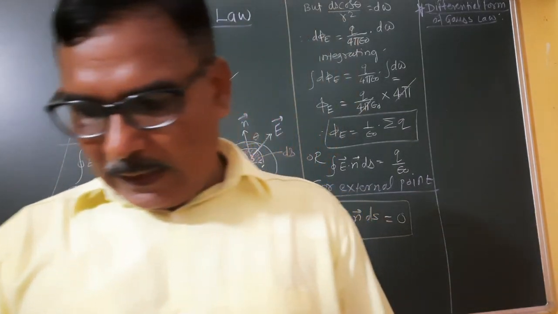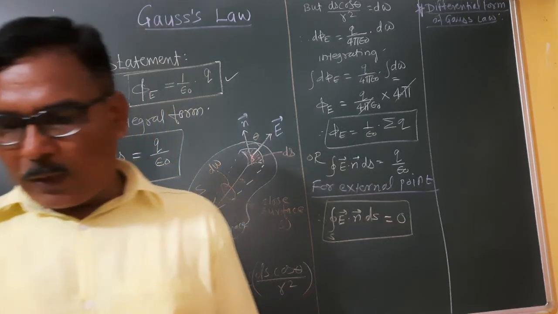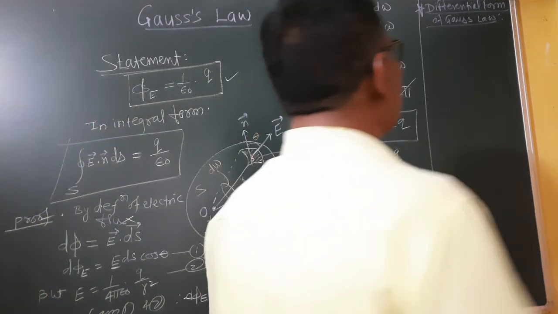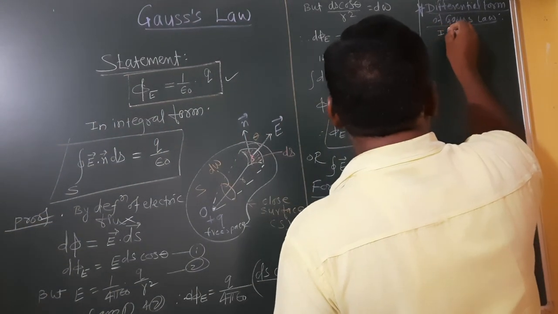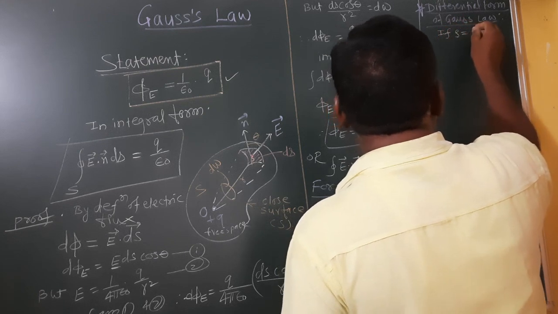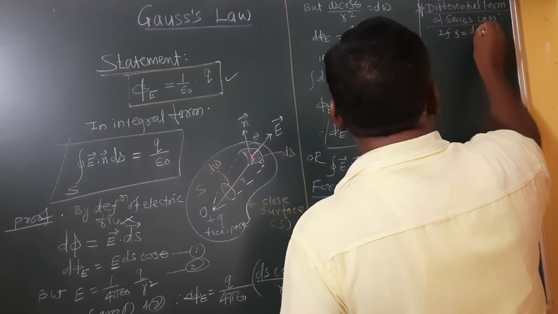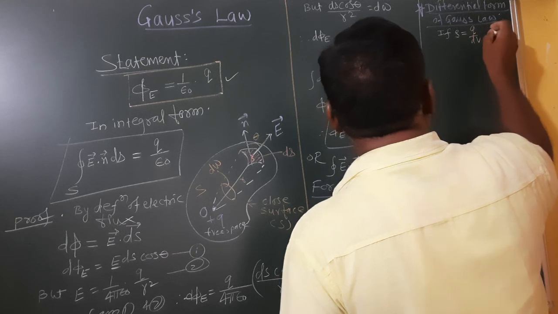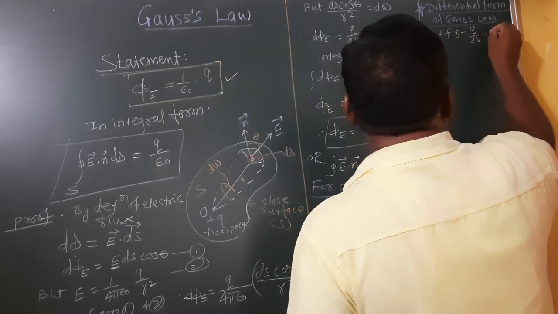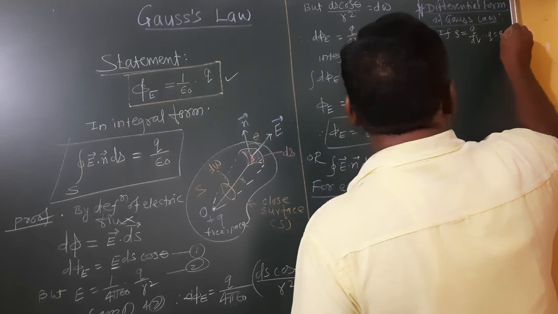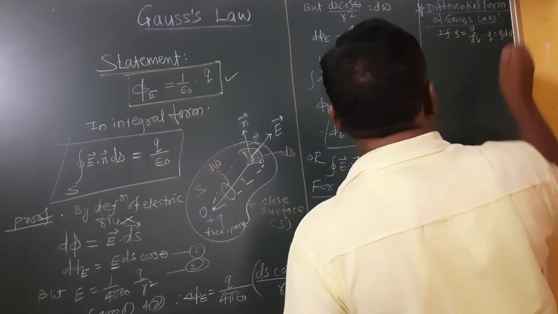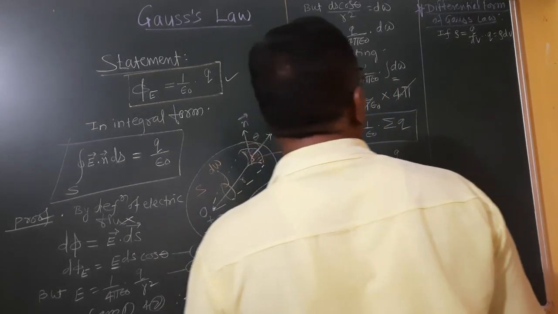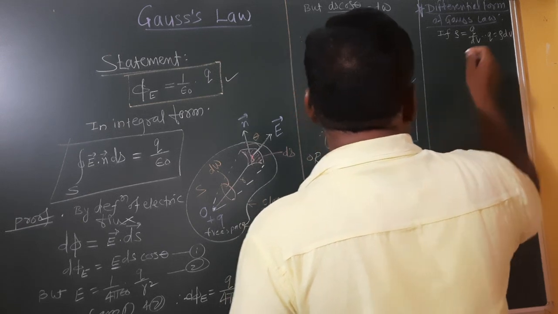We consider that a charge q is uniformly distributed over the entire volume enclosed by the surface S. If rho is the volume charge density, that is charge per unit volume, dq upon dv, so we write that q is equal to rho into dv. This is the volume charge density, and the total charge enclosed in that surface is dq.